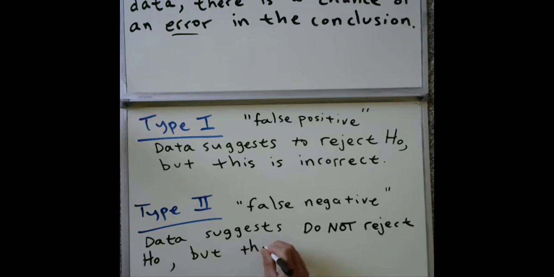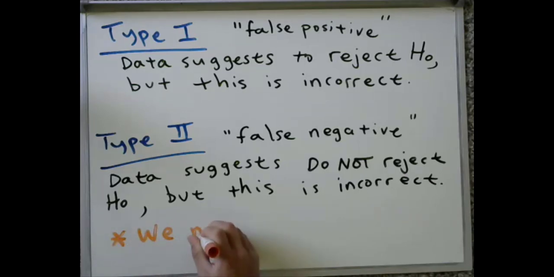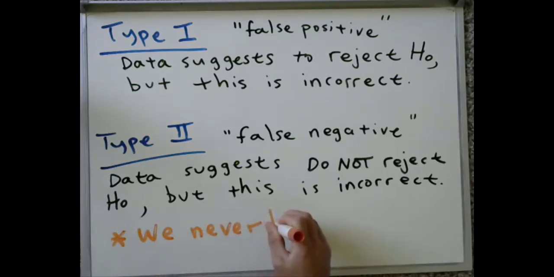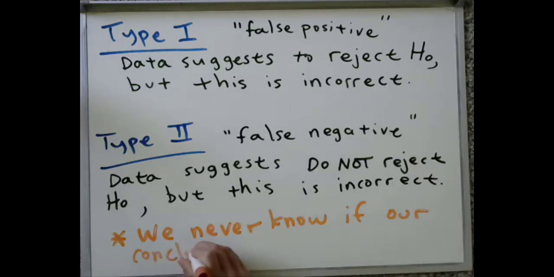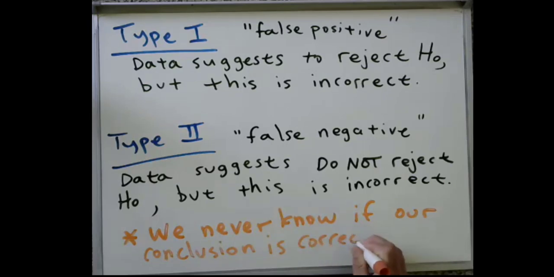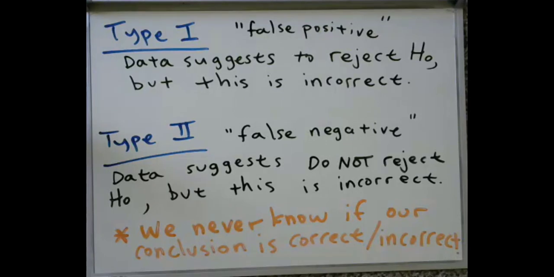So the data suggests that we do not reject the null hypothesis, but this is also incorrect and we should have rejected it. Now, we never know if an error is made, and we never know if we've made the correct conclusion, because our conclusions are based on sample data.